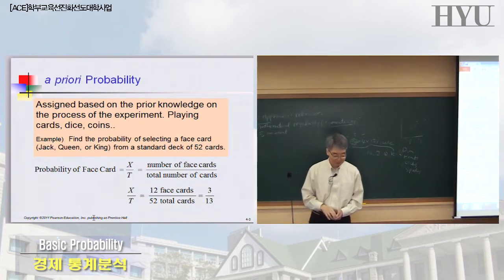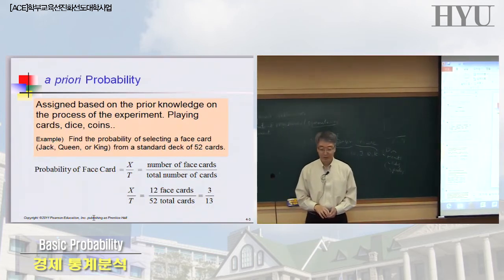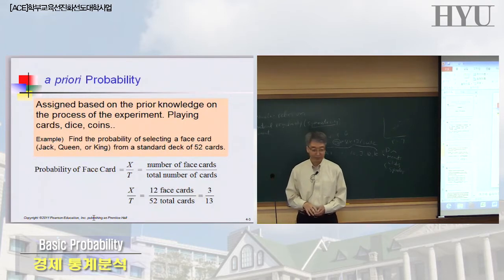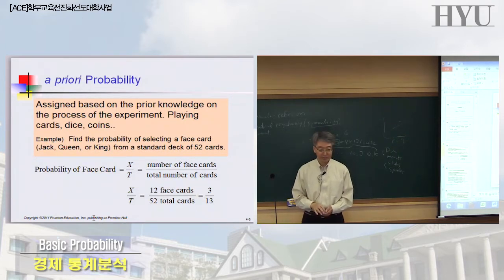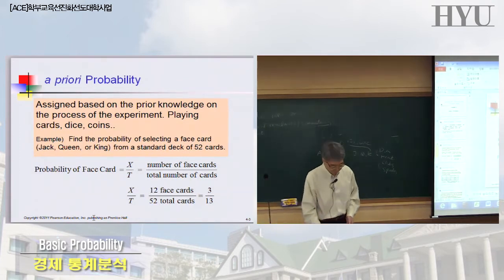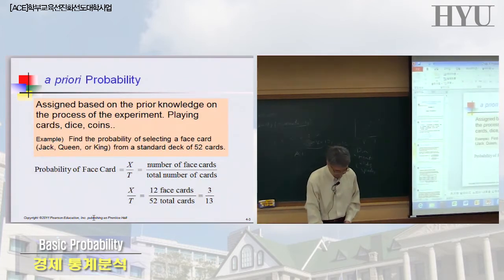Anyway, if the coin is fair, then we can also figure out the probability. Probability for head is 1/2, probability for tail is another half. We're going to use that example many times.